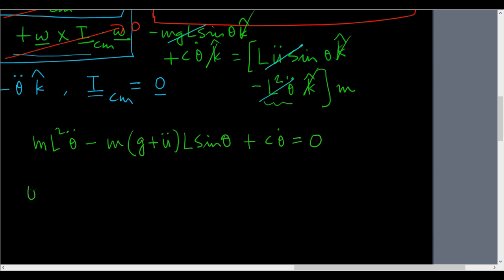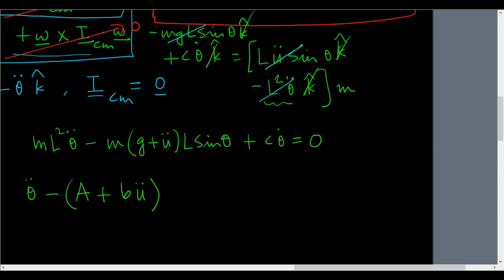Very good. What we will do now is divide by m L squared, and so we will have theta double dot, and then over here I will have minus, and for g by L squared I will put some number, like a, and for 1 by L squared into u double dot, I will put plus some little b u double dot.